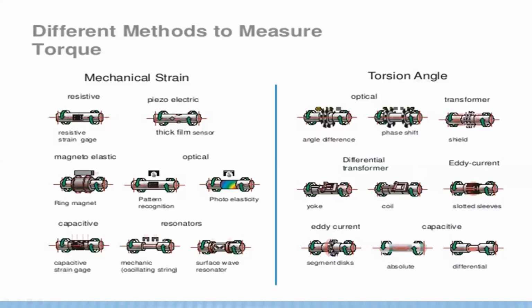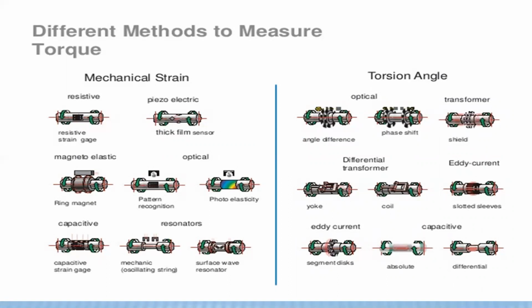Next, what are the different methods to measure torque? What are the different techniques? It is divided into two categories: mechanical strain and torsion angle. A resistive strain gauge is used to calculate the torque in twisting movements.